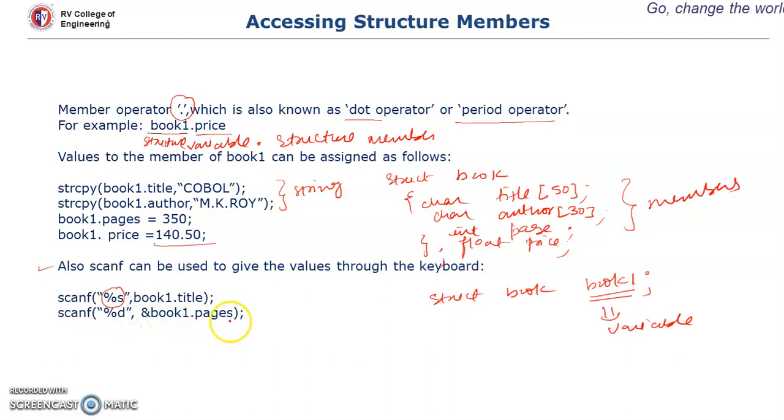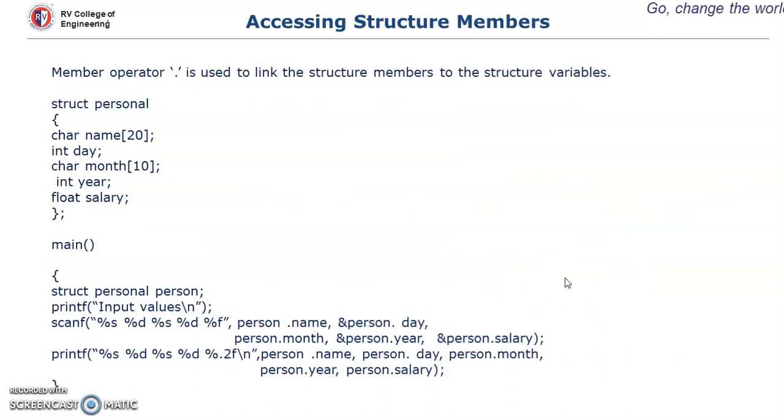Okay, and for pages, because the number of pages is integer type data, I need to write %d and &book1 dot pages. So instead of just writing title, author, page and price, we have to write book1 dot title, book1 dot author. Whenever we want to access these members, we need to write the variable name dot member. So that's how we access the structure member.